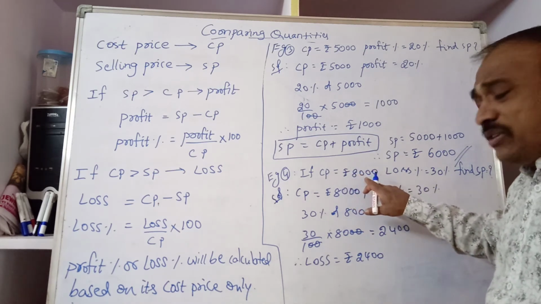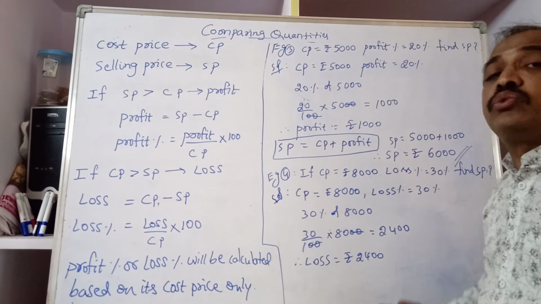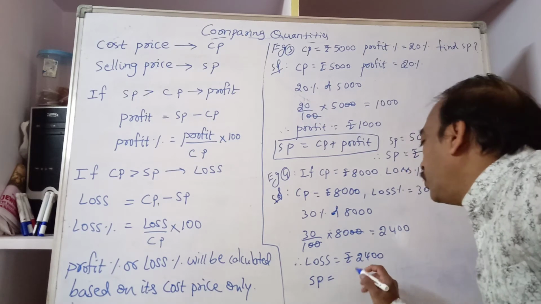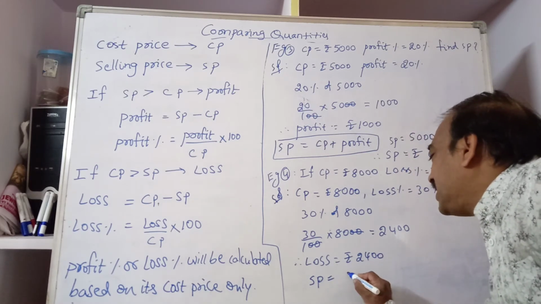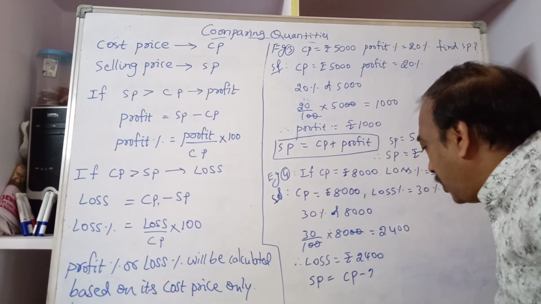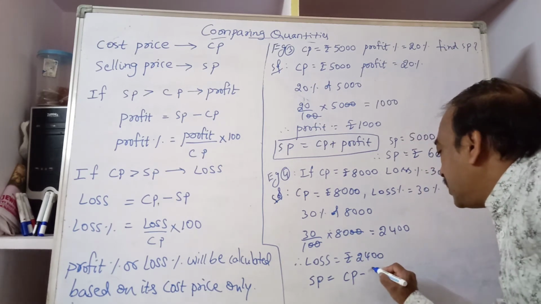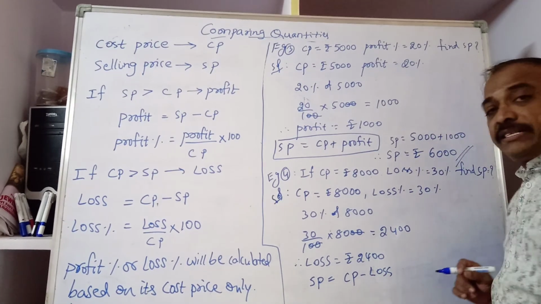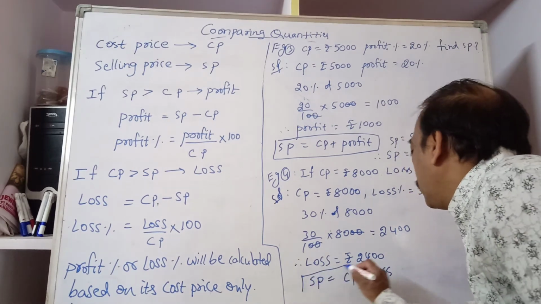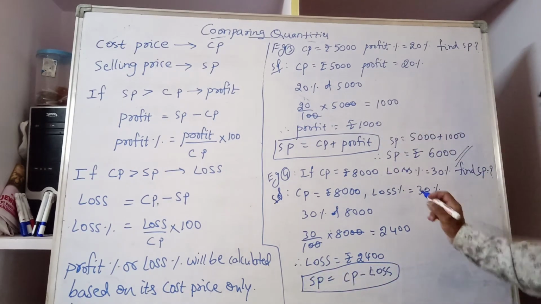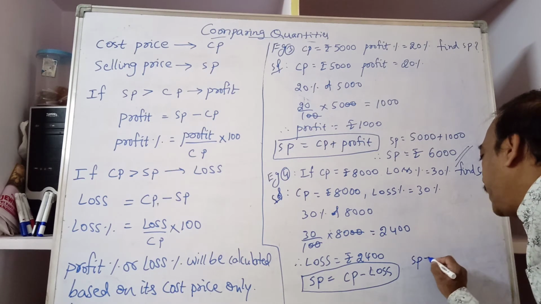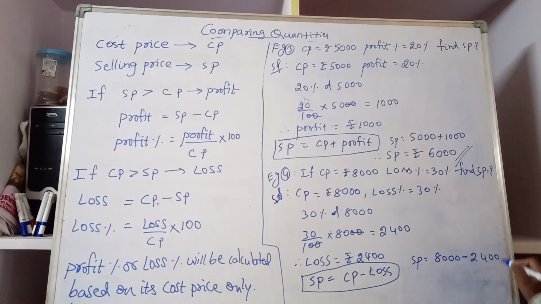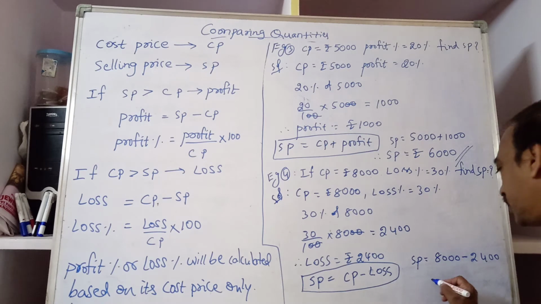When he gets the loss, how to calculate the selling price? So actually he purchased for this and he sold at a loss of rupees 2,400. So SP is equal to CP minus loss, selling price is equal to cost price minus loss. So here, SP is equal to 8,000 minus 2,400.